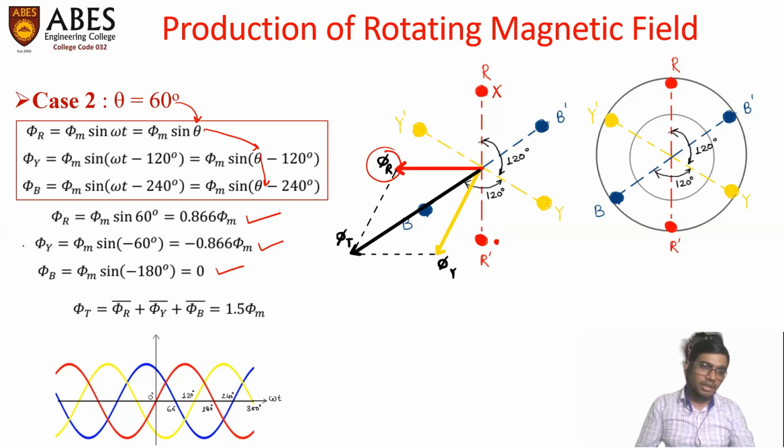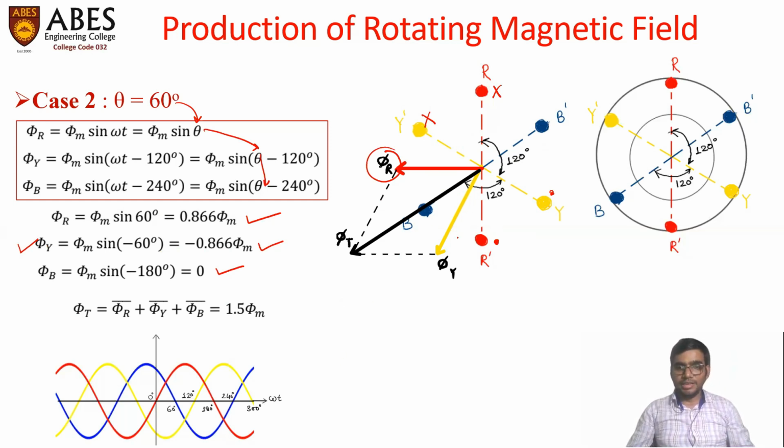And similarly, phi y is negative, so in this case the inward current through this coil side, and from this coil side, the current will flow in the outward direction.